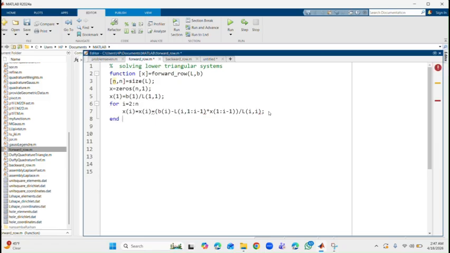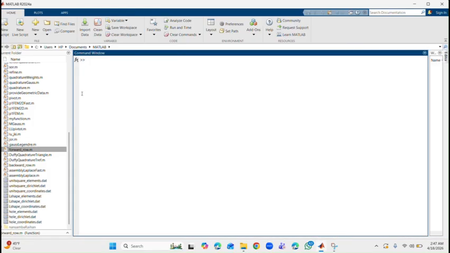Nothing has changed, and so I can go to my Matlab command window and input a function. Let's say x equals, I want to call the forward_row function, in terms of this matrix.